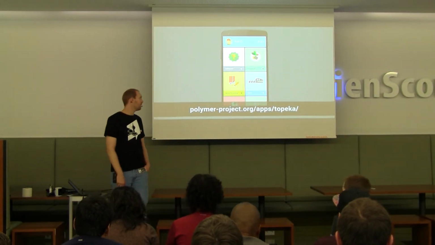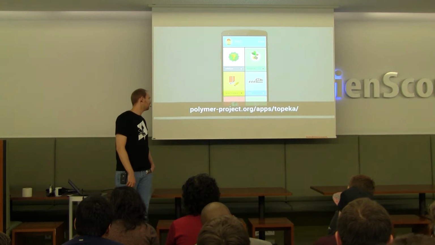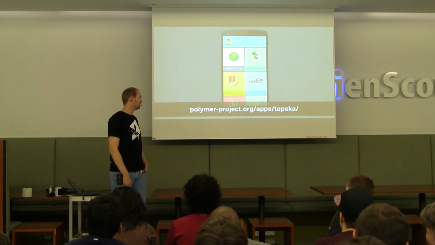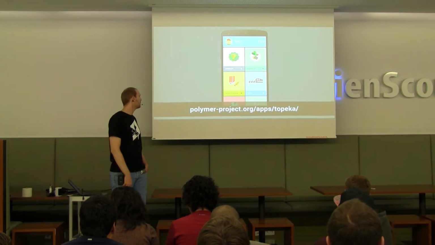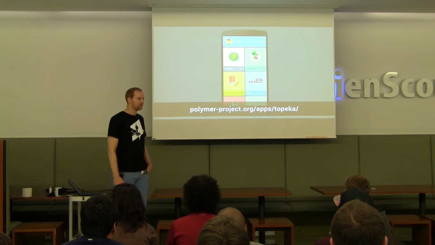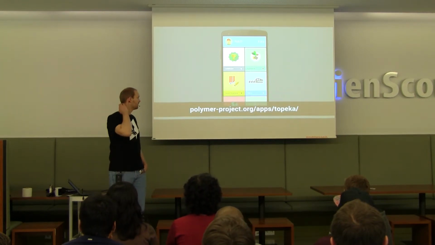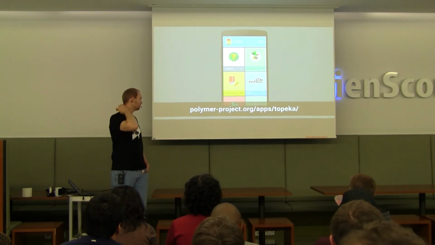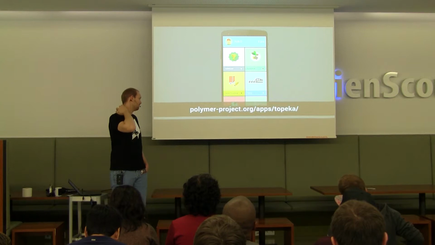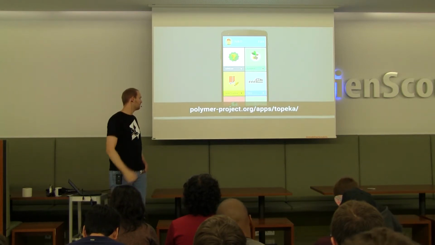One example for what is possible in that field of design is an app called Topeka. It's a quiz app that really has great visual effects. You could really test it.